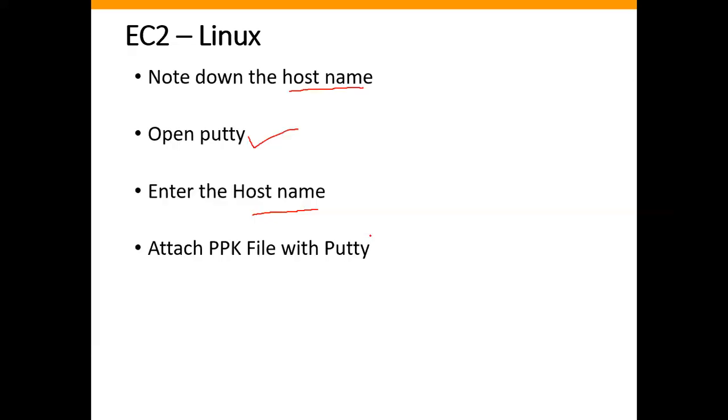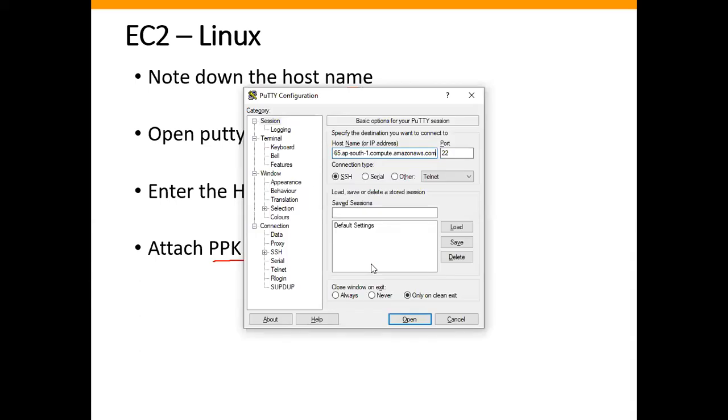Next step, attach PPK with PuTTY. Please see this very carefully, how I'm going to attach the PPK file with PuTTY also. So first click on this plus button for SSH.